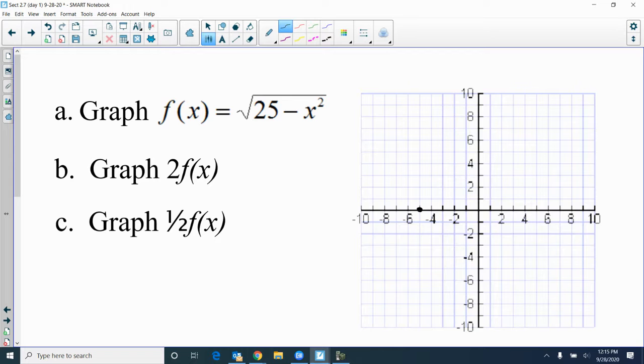So (-4, 3). What's the next one? (-3, 4). I think we get decimals for negative 2 and negative 1, right? But what about 0? (0, 5). You should get (3, 4), and you should get (4, 3), and the last one's (5, 0).